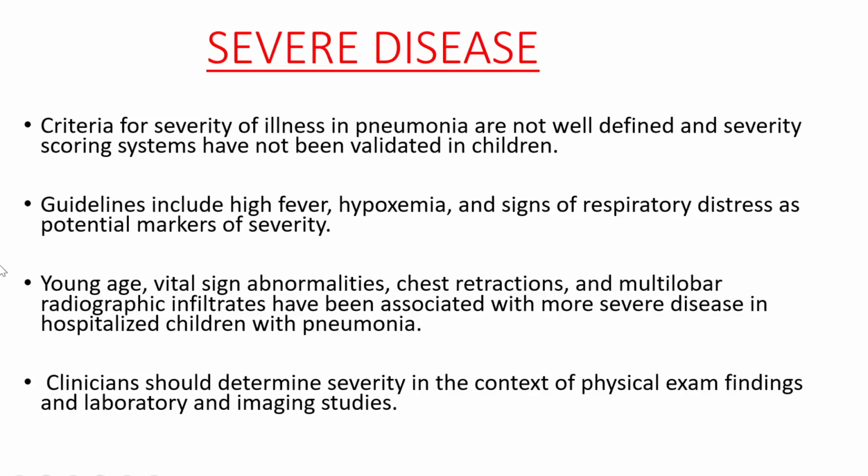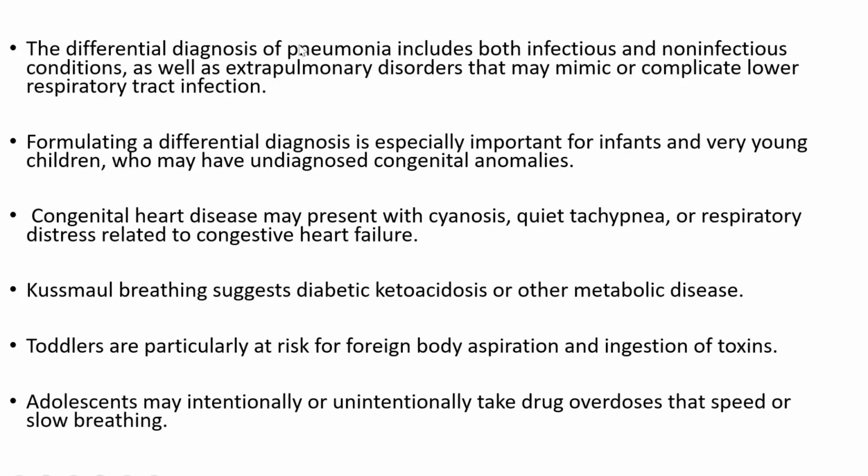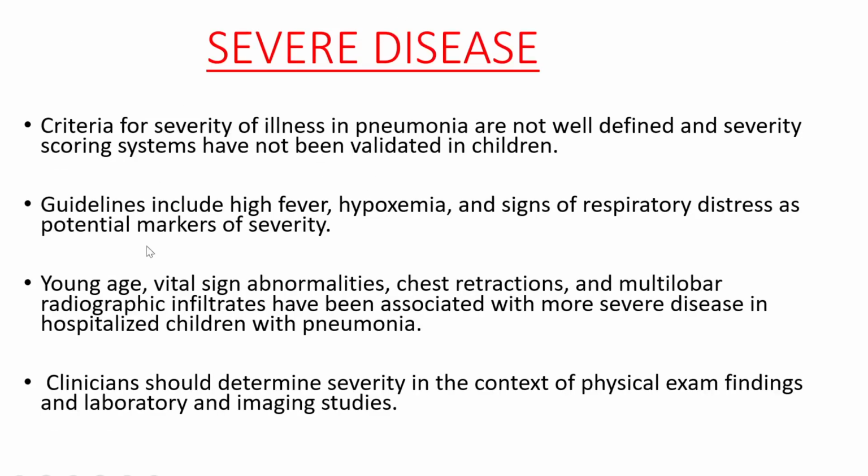In young age, vital sign abnormalities, chest retractions, and multilobar radiographic infiltrates have been associated with more severe disease in hospitalized children with pneumonia. Clinicians should determine severity in the context of physical exam findings and also laboratory and imaging studies. You should have an overall assessment for determining the severity of the disease.